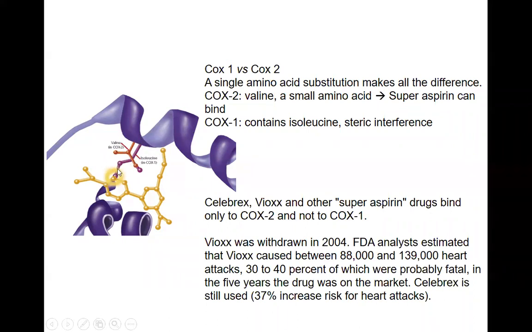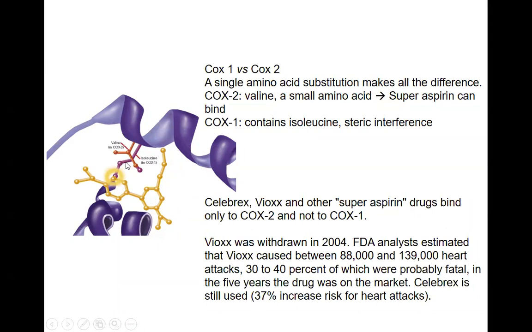And you can see the isoleucine is larger than the valine. So you want an inhibitor that works with COX-2 but not with COX-1. You just need to design an inhibitor that is big enough that COX-1 would clash with it and not allow it in the active site, but COX-2 would still allow it to bind.